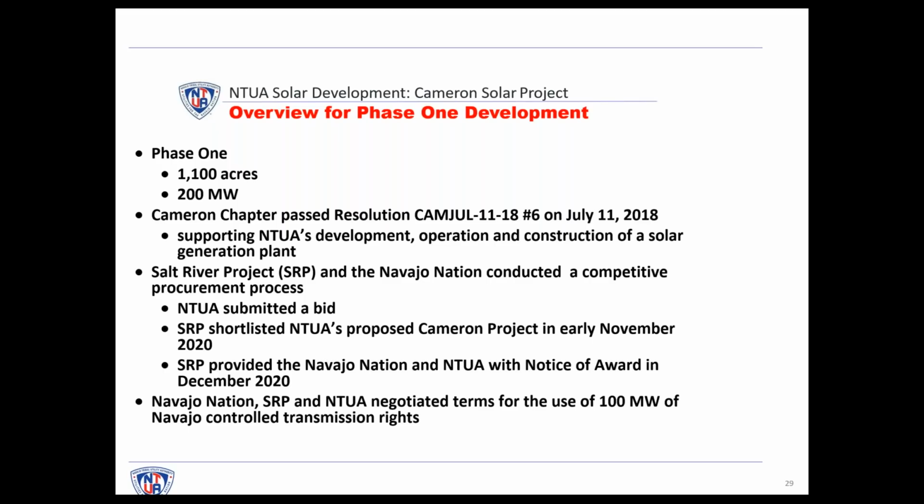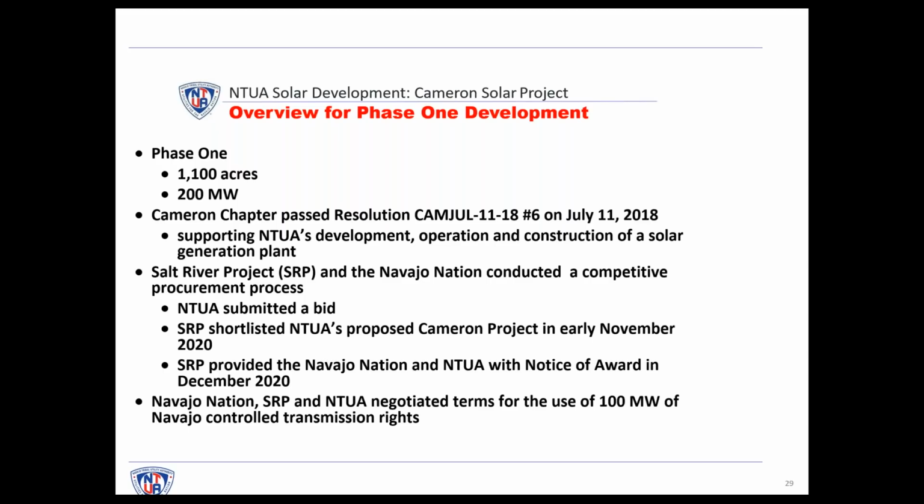And we ultimately negotiated with Navajo Nation itself the use of 100 megawatts of transmission capacity on the transmission line that will run down to the Phoenix area. Let me just explain what that's about.